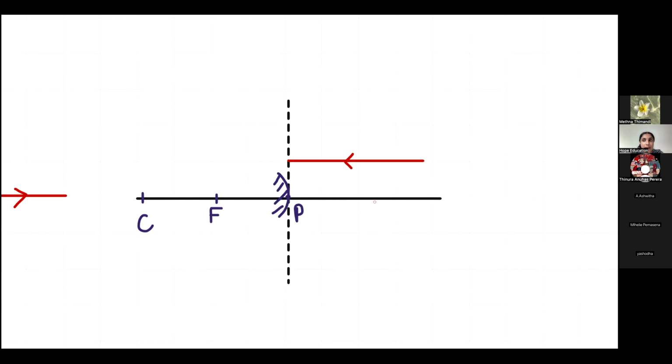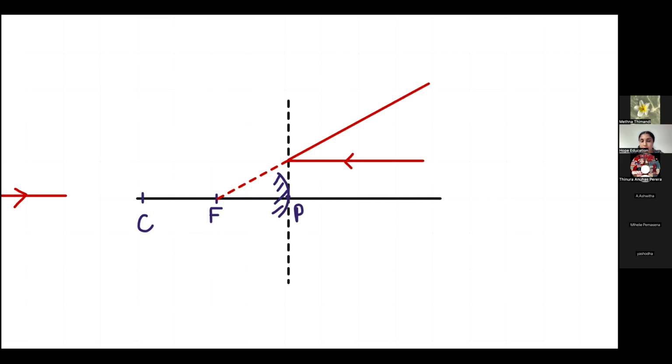When you send a parallel light ray to a convex mirror, it cannot reflect through the focal point because there is no focal point in front of the mirror. Then it will reflect as if it is coming from the focal point.